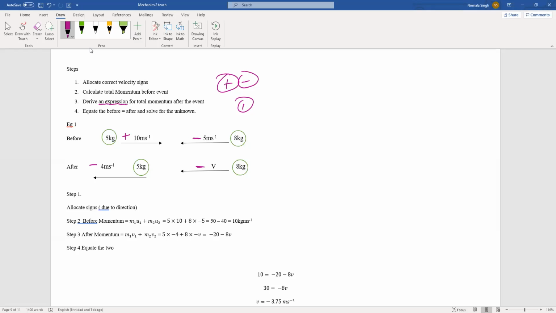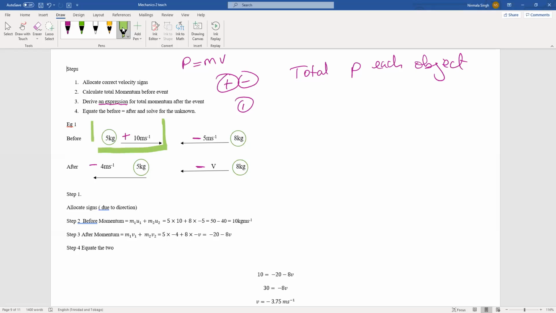Step 2, we're going to work out our total momentum before the event. Your total momentum means that you find the momentum of each object. How do you find momentum? Remember, momentum is mass times velocity. So let's look at our first object: mass times velocity, 5 times 10, plus, what is our second object going to be?